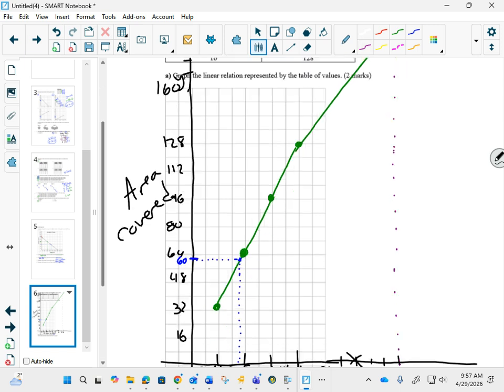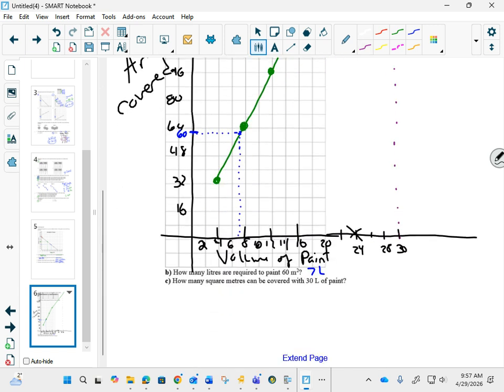I'm going to say 205. 205 meters squared. This is an extrapolation. And right now, I'm not very happy with that because my graph wasn't very accurate. It bent, I was off. It's going to be a little bit less accurate.